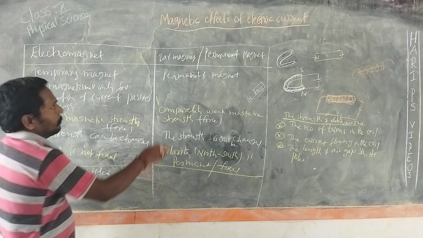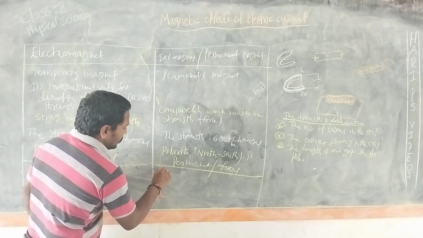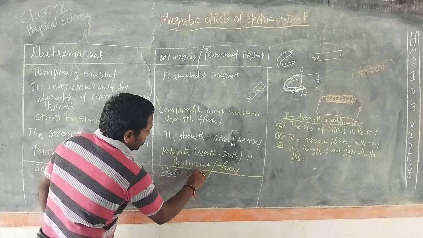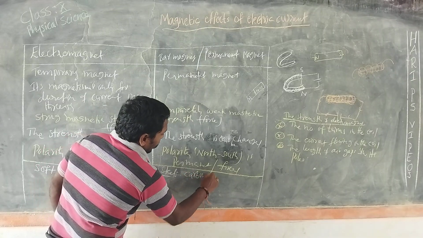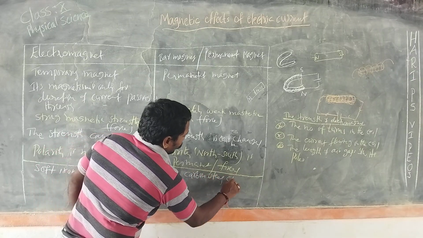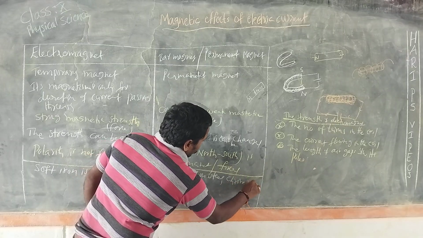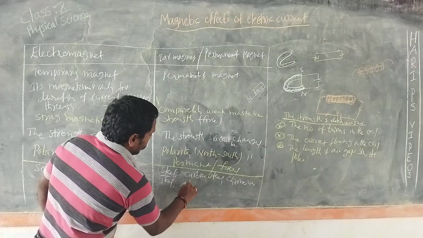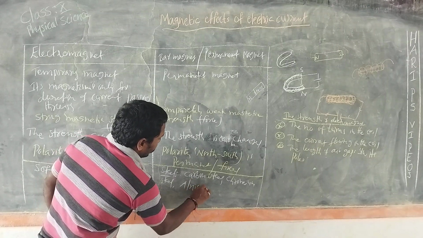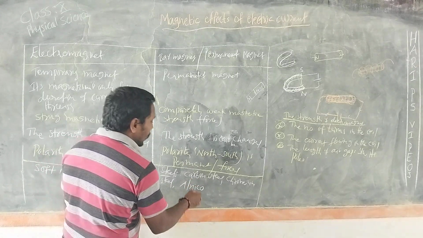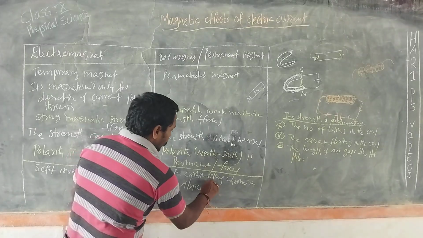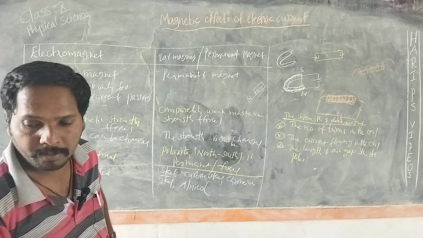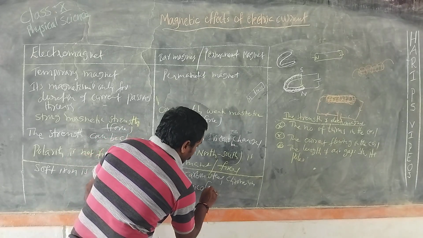In case of bar magnets, permanent magnets, different steels are used: carbon steel, chromium steel, or alnico. Alnico is another kind of alloy. Alnico is the alloy of aluminum, nickel, cobalt, and iron.